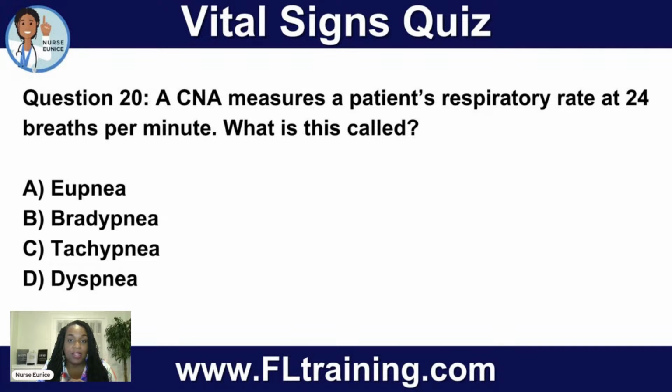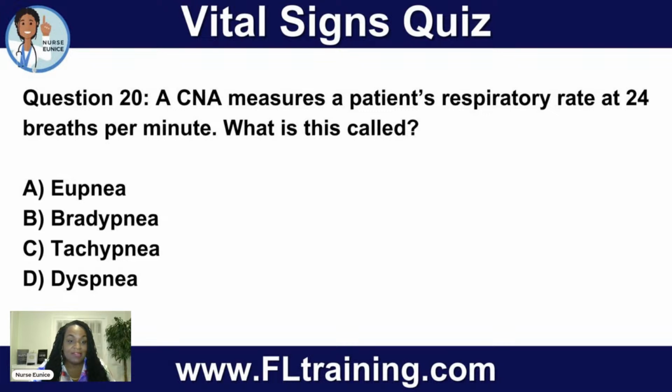Dys in front of a word as a prefix means pain. So we know that in pnea, the P is silent, the nea refers to breathing. So bradypnea, however you pronounce it, they're breathing really slow. Tachypnea, they're breathing really fast. Dyspnea, they're having pain or difficulty with their breathing.